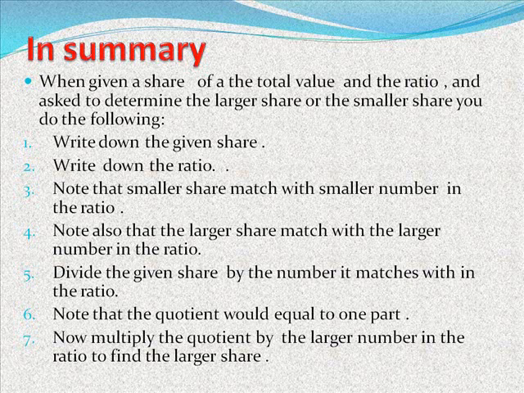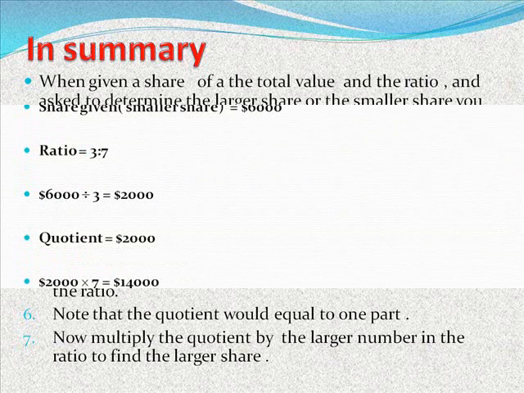Number 4. Note also that the larger share matches with the larger number in the ratio. Number 5. Divide the given share by the number it matches with in the ratio. Number 6. Note that the quotient would equal 1 part. And number 7. Now multiply the quotient by the larger number in the ratio to find the larger share.